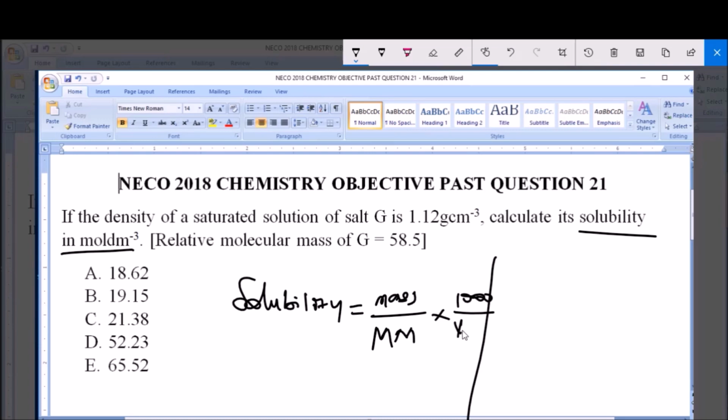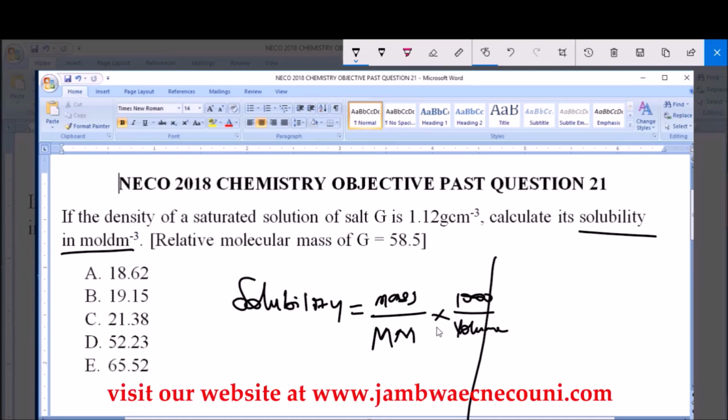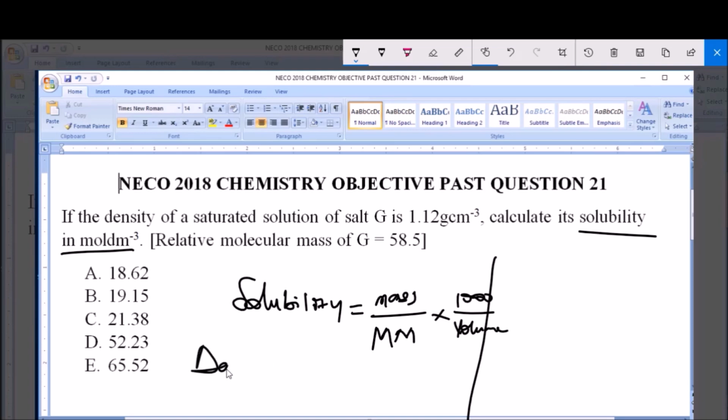Let's call it V. But now the question says that the density is equal to 1.12 gram per cm cube. Now this is the density of the salt.